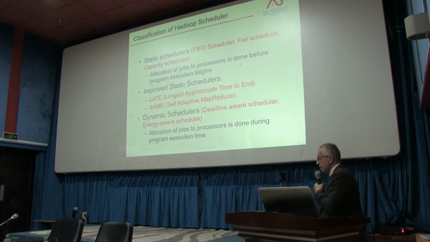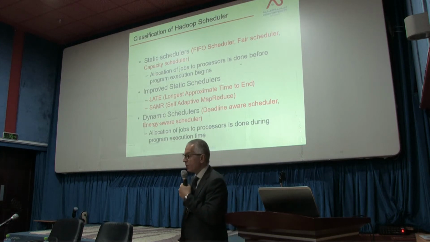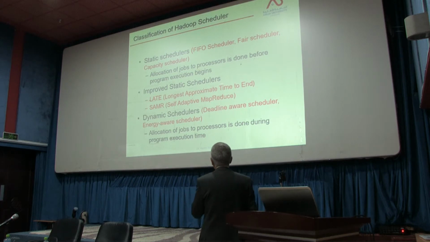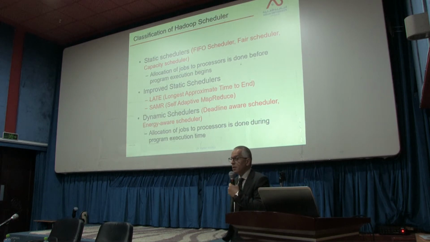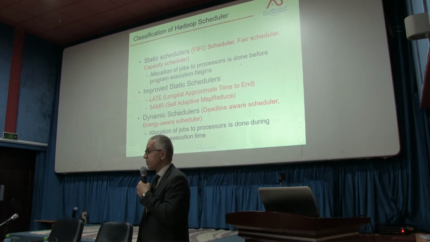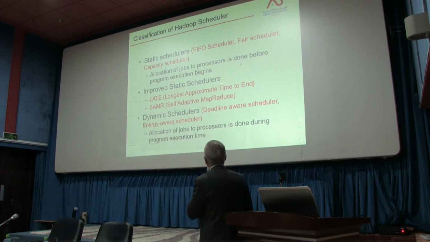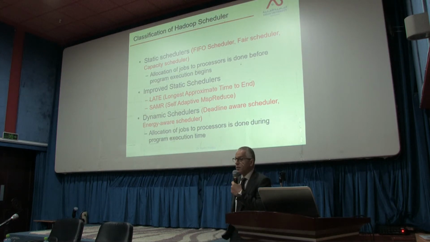So the research community has tried to cover this topic, and we have different categories of job schedulers. The first category is the static scheduler. From its name, it's static, so it just defines the list of jobs that is coming and puts it in, for example, a FIFO scheduler, first in, first out, and it will assign the task and it will run.